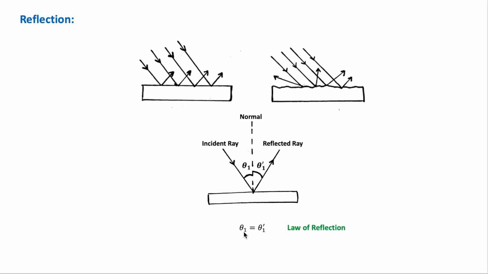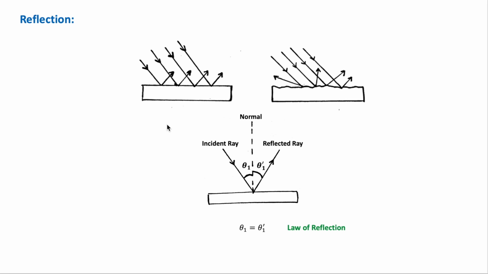So θ1 is equal to θ1 dash, and this is the law of reflection. So for a rough surface and diffuse reflection, the law of reflection applies with respect to the local normal, okay, which varies from one location to another on a rough surface, okay? So in this video, we will only consider specular reflection, like this one, okay?